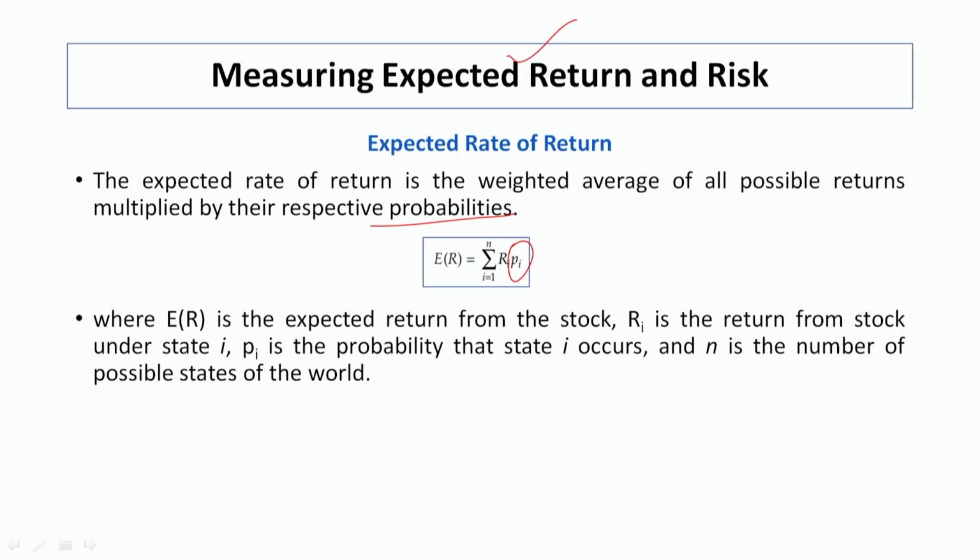The occurrence chances need to be associated with a particular percentage of return. So ER is the expected return from the stock, Ri is the return from the stock under state i, Pi is the probability that state i occurs, and N is the number of possible states of the world, or we can say the number of series or observations that are available.